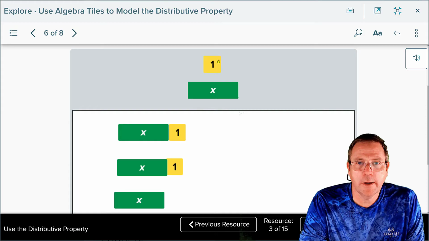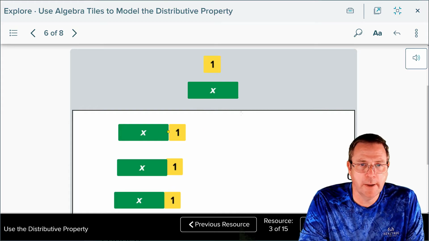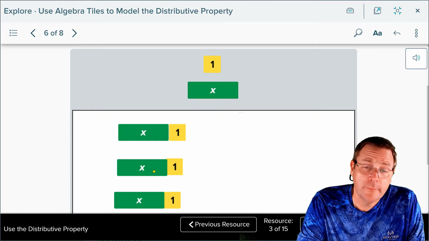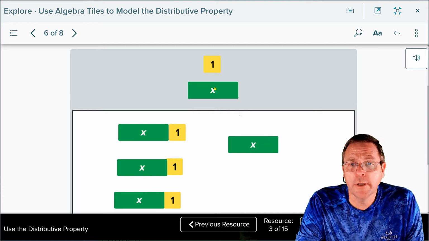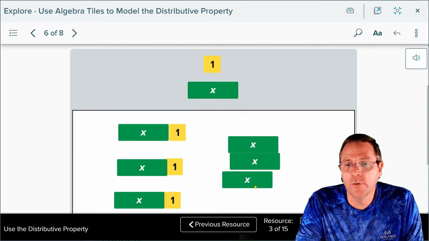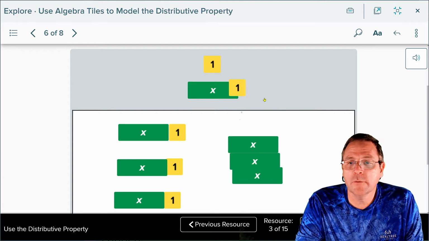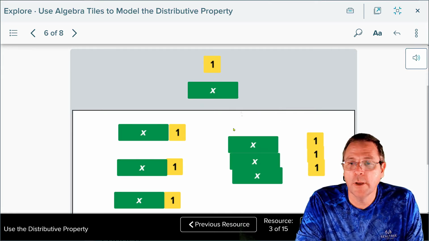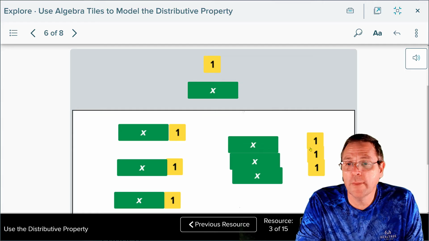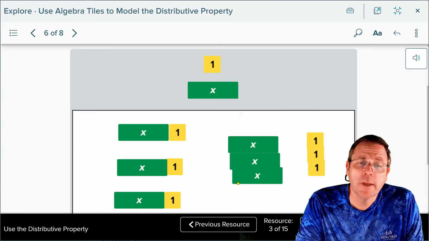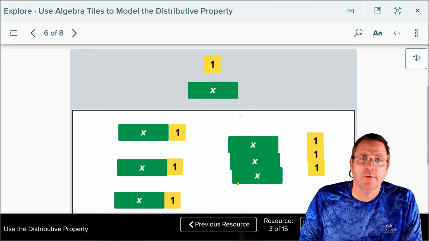So right here I can show that I have 3 times x plus 1. I could also do 3 times x, 1, 2, 3, plus 3 times 1, 1, 2, 3, where we find this part first and this part second, and then we add them together. Either way, it's going to give us the same exact answer in the end.